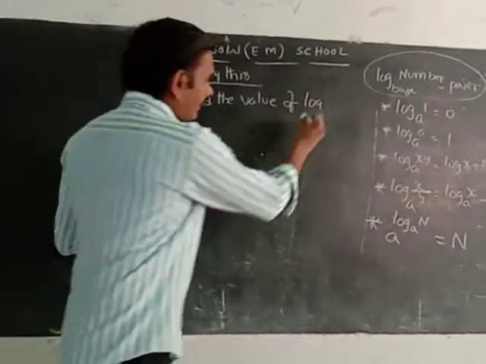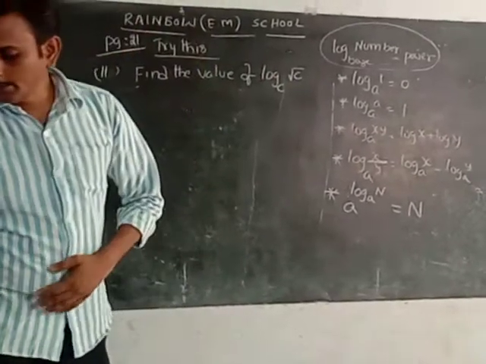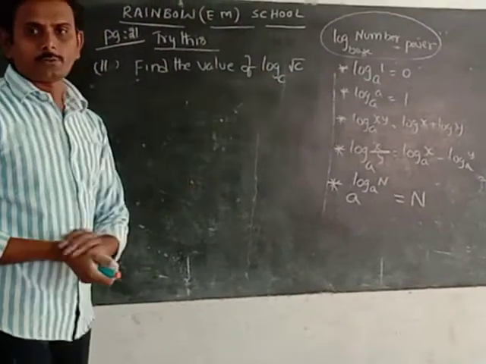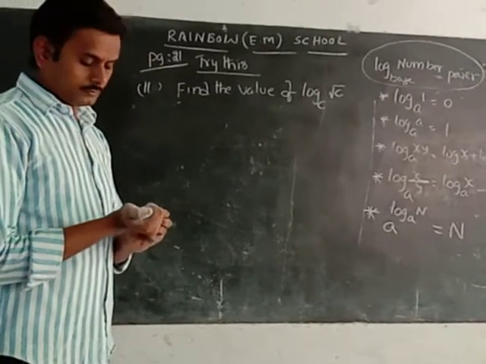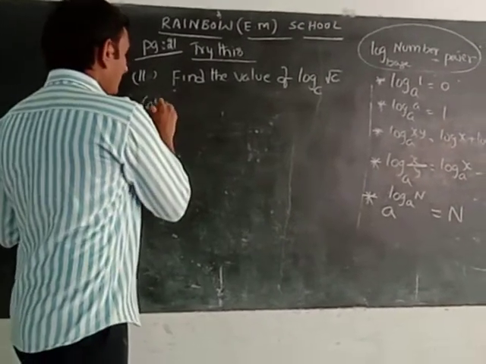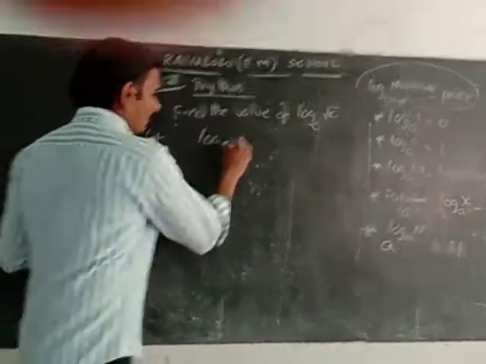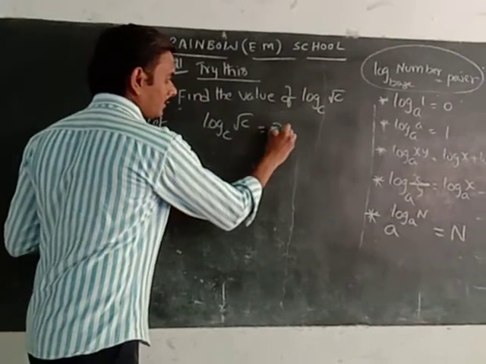Log root c base c. For this we want to find the value of the logarithm. Okay, first assume that it is equal to some number. Log root c base c equal to x.